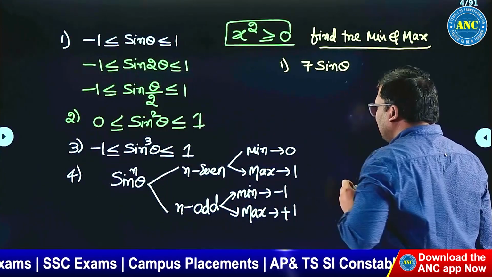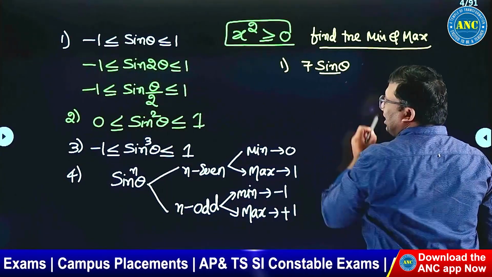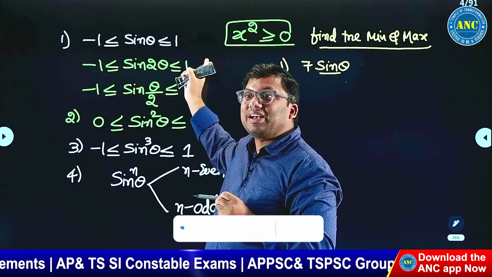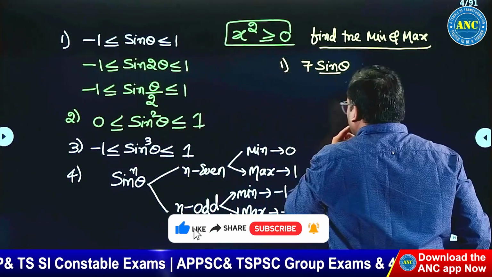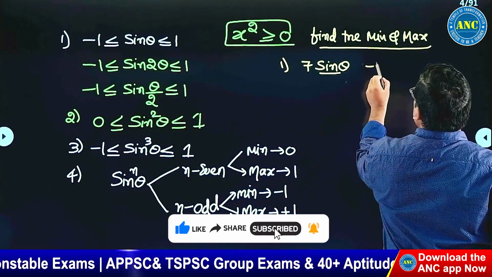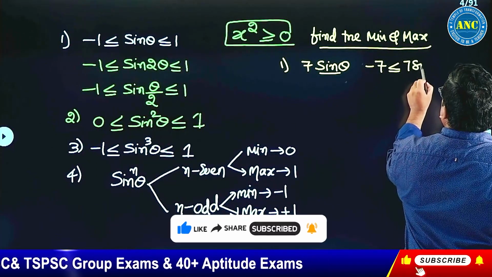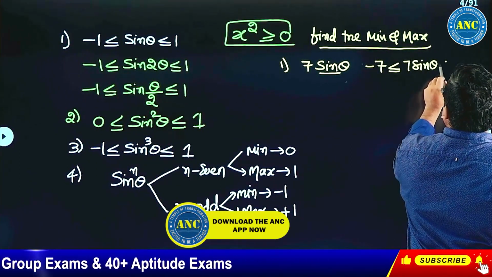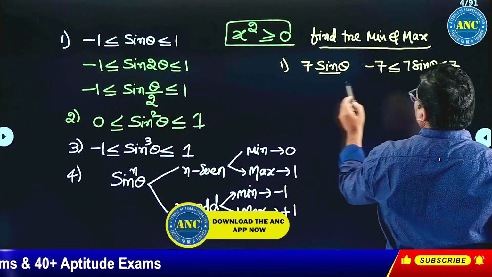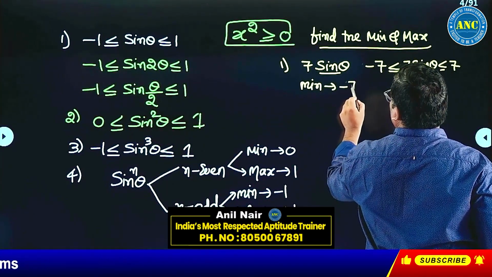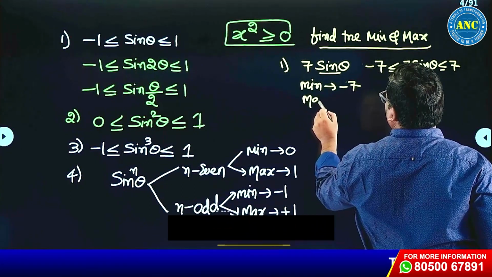Now, listen carefully. Sin theta, what is the minimum value? Minus 1. What is the maximum value? Plus 1. That means 7 into minus 1. Minus 7 less than or equivalent to 7 sin theta less than or equivalent to 7. Minimum is minus 7. Maximum is plus 7.